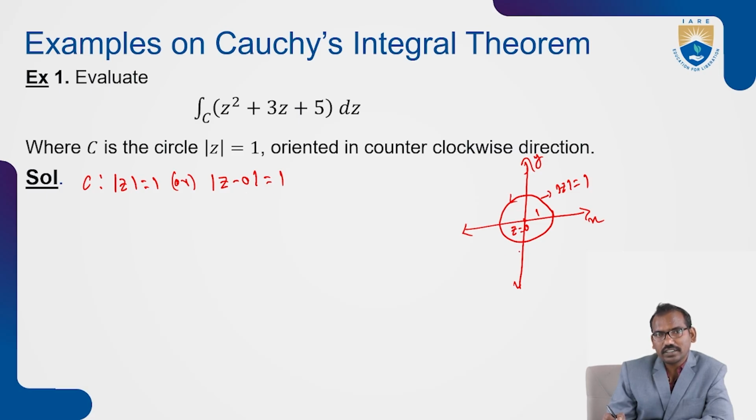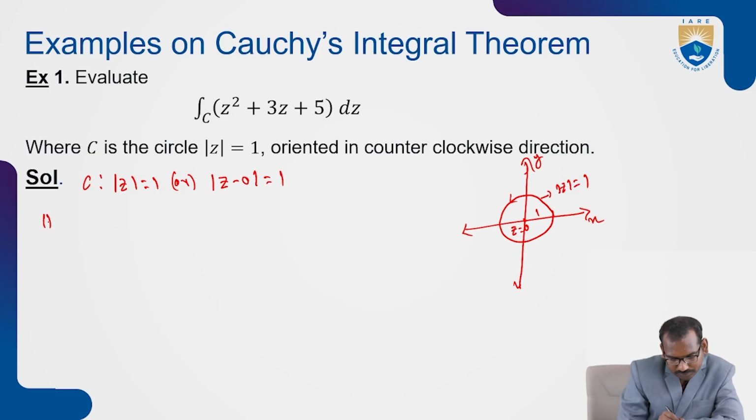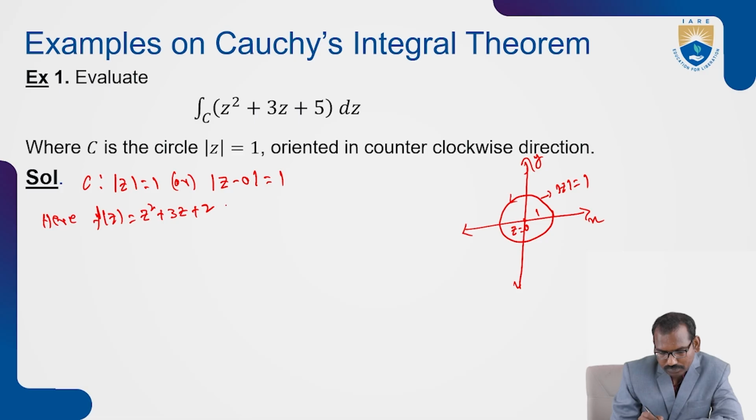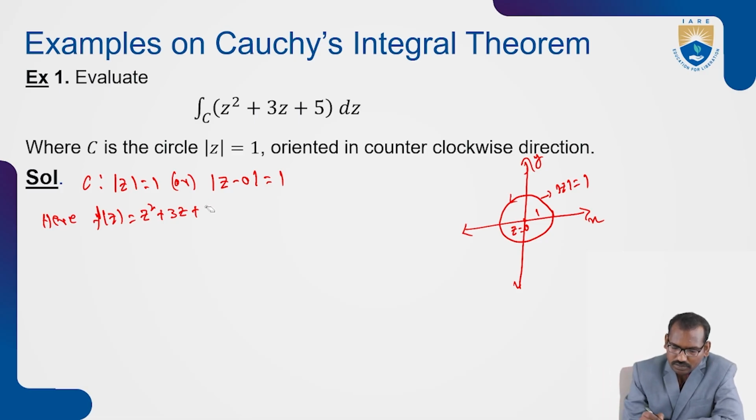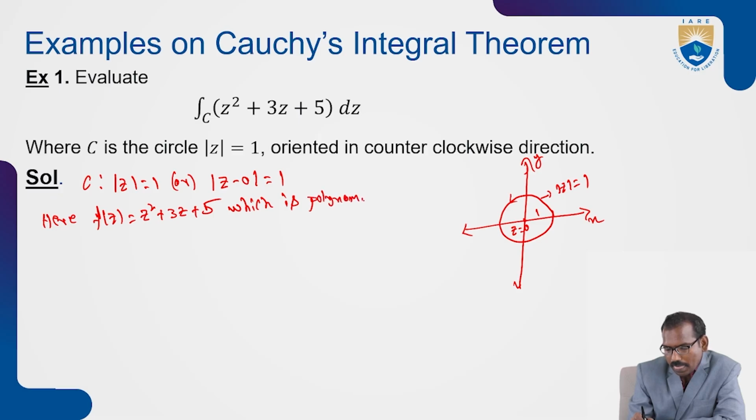But here one thing we can observe: f of z is z square plus 3z plus 5, which is a polynomial in z. We know every polynomial is analytic in the whole complex plane.